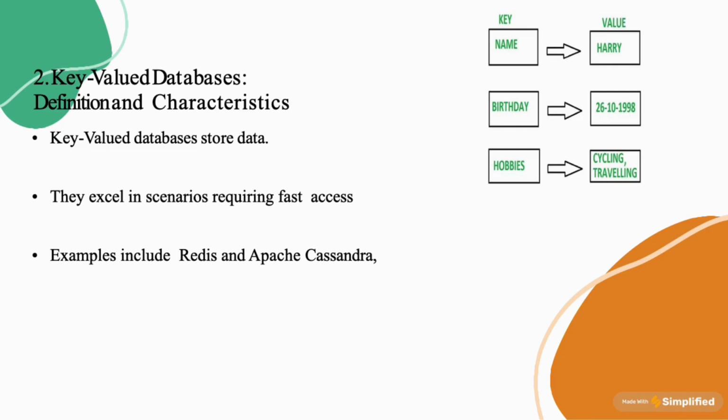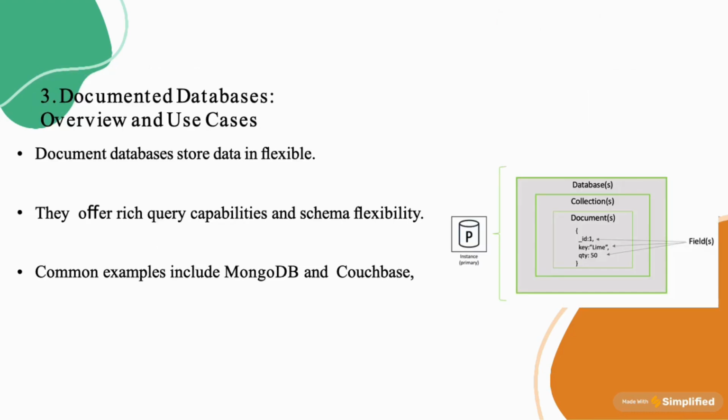Examples include Redis and Apache Cassandra, making them suitable for caching, session management, and real-time analysis. Here we have an example where the key is name and the value is Harry, and so on.